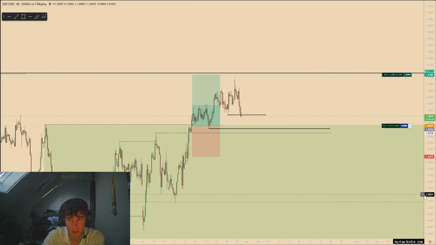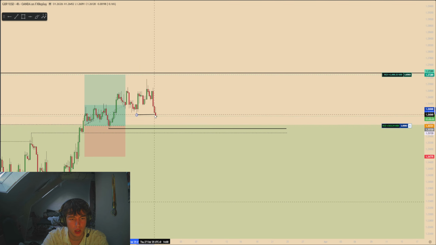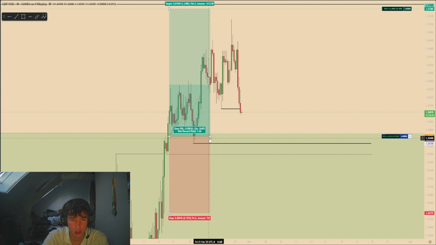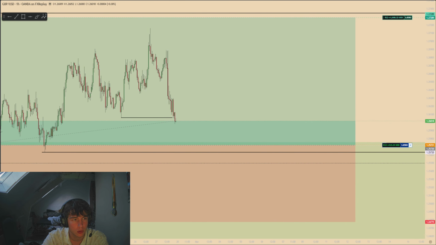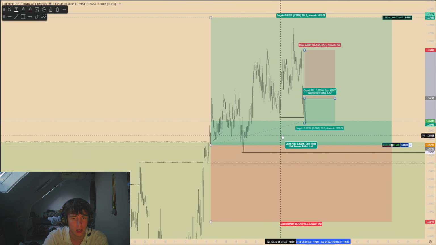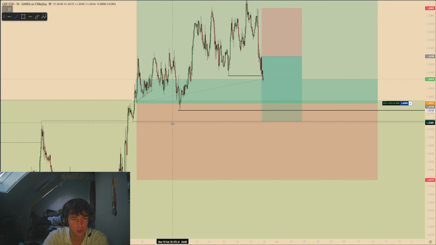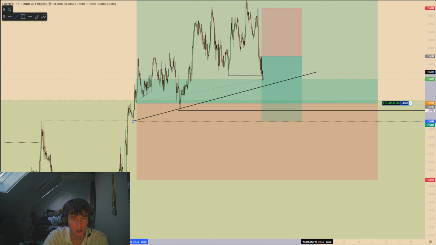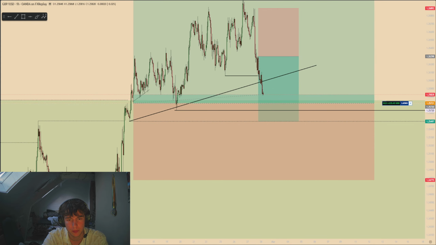So I think we'll just take the major swing low. If we do see the retracement towards this liquidity high, stops above the high, let's target the overall small low. Currently looking at some type of reaction from here.